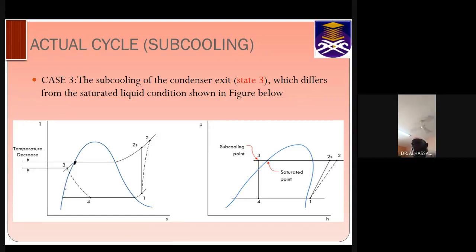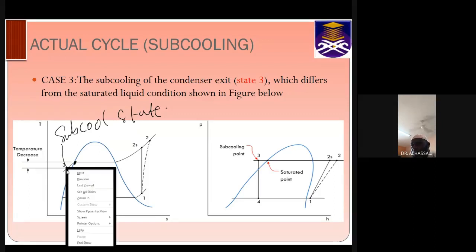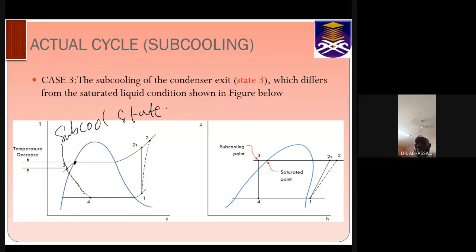But here in actual cycles, the fluid is further cooled into what we call the subcooled state, before eventually the fluid is throttled back to state 4. So there is a gap over here. There is a small temperature change between the previous one, which is state 3, and this.